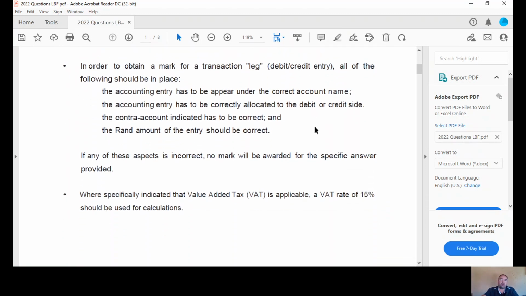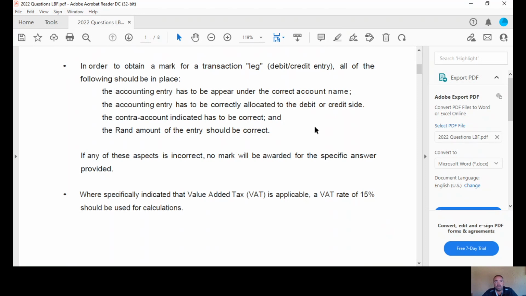Okay, then this next paragraph is also very key. The bulk of this assignment is T accounts, which we've now at this stage done extensively. So in order to obtain a mark for a transaction leg, debit and credit entry, all of the following should be in place. Normally in the marking plan, there's a mark for the debit leg and a mark for the credit leg.